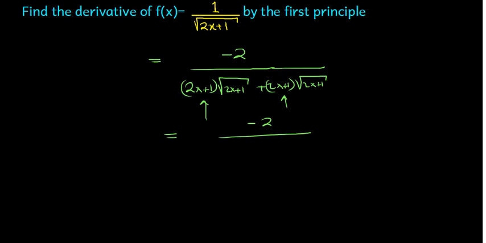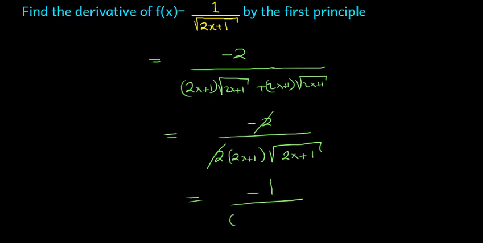So this will be more like we are saying 2 and then 2x plus 1, and then we have got the root of 2x plus 1. So this and that can divide. That will give us negative 1 divided by 2x plus 1, and then the root of 2x plus 1. Therefore that is how we can find it.